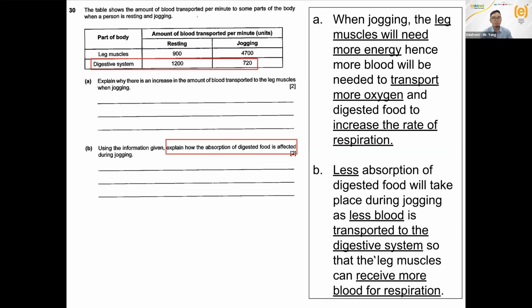Because the leg muscles will need more blood so that it can carry more oxygen to the leg muscles for the leg muscles to carry out respiration. Okay? So you can see how our digestive system as well as our circulatory system and in fact our muscular system work together in our human body, right?